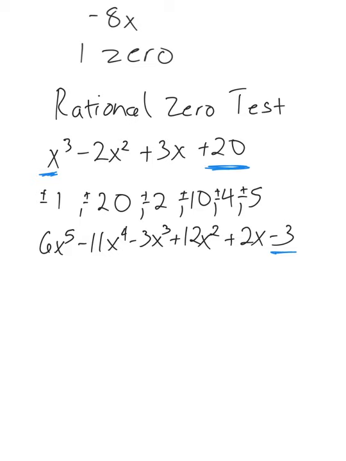Factors of 3 are 1 and 3, so we can have positive or negative 1, positive or negative 3. However, we have a 6, so now our possible zeros are the factors of the 3 divided by the factors of the 6.